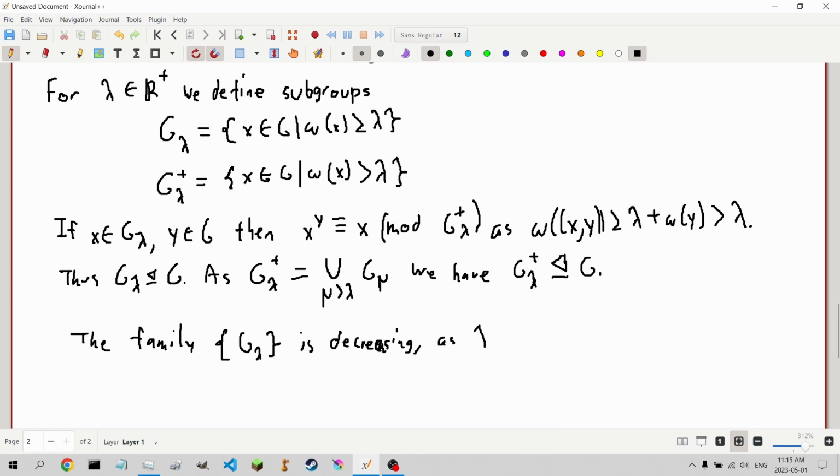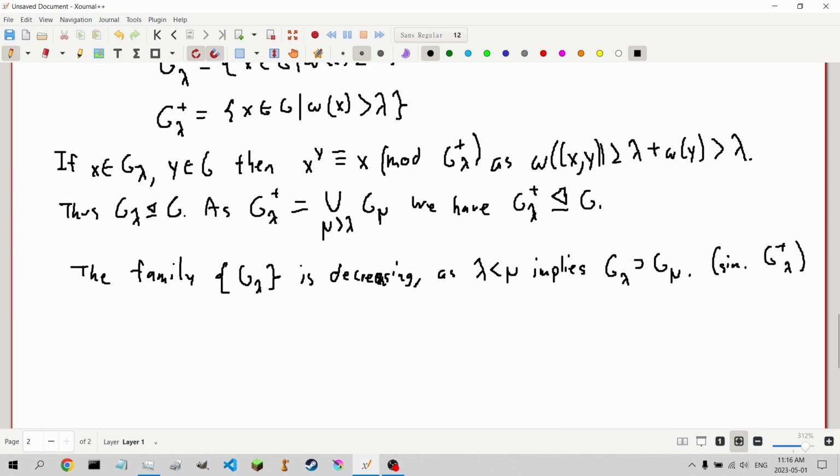As lambda less than mu gives us that G lambda contains G mu, and a similar construction for G positive lambda. And this is just because if mu is bigger than lambda, then for omega of x to be bigger than mu, it has to be bigger than lambda. So this is a very obvious inclusion.